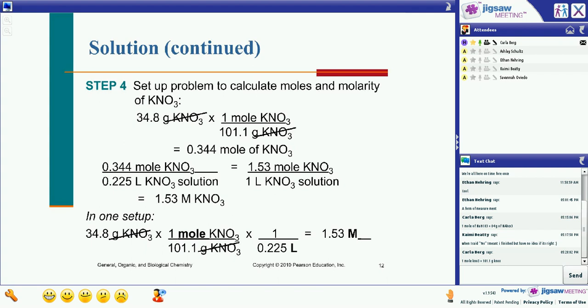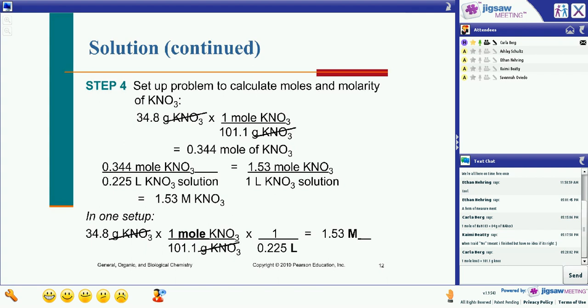Now, if you're fancy, you can set this up all as one equation and combine it all. And that's what I put on the bottom here. I even still, most times, set it up as 2 separate equations. It just makes it easier for me to keep everything straight.